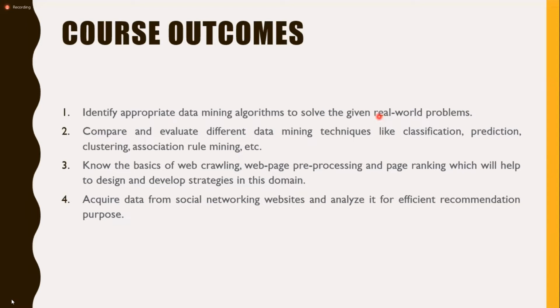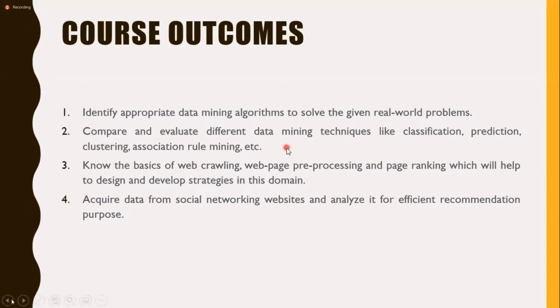Whether you need to apply association rule mining, which is used to find associations between items, or classification is required, or a clustering technique, or regression. After completing the course, you must be in a position to identify which type of technique should be applied.